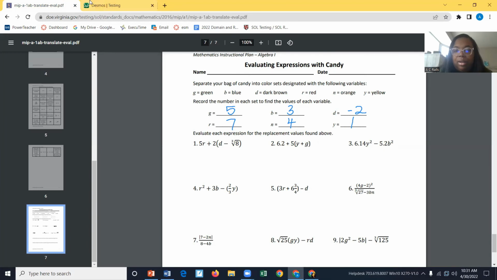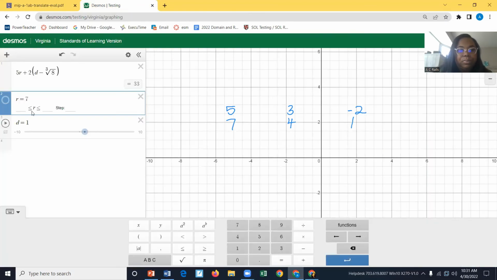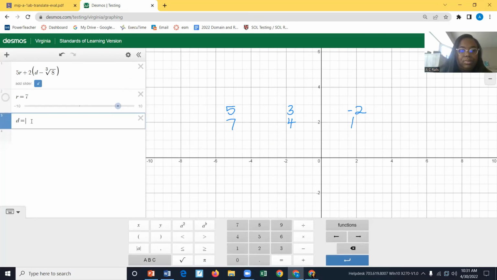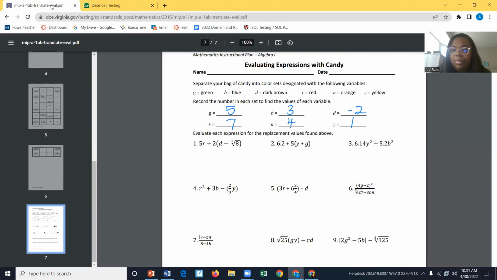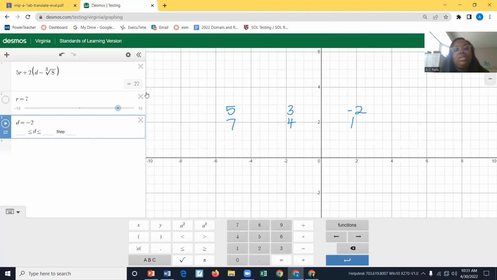And our D is -2. Is that all of our letters? It is. So our answer to this question would just be 27. Do you see how simple that is? Again, Desmos can really be a great tool for you to use in order to evaluate.